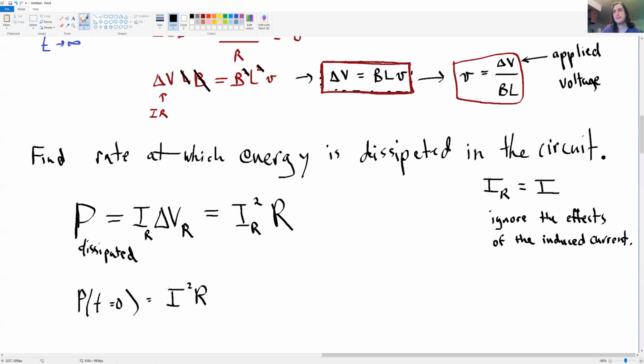This is the current at t equals 0, the total current. So this is I from the source, which is delta V over R, plus I induced, and really maybe we say minus I induced.